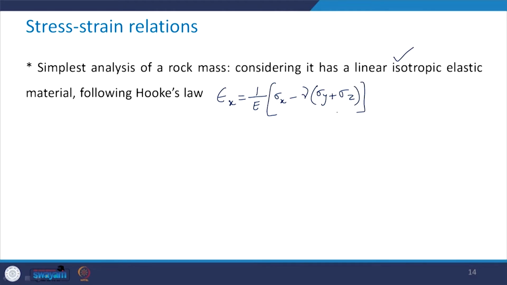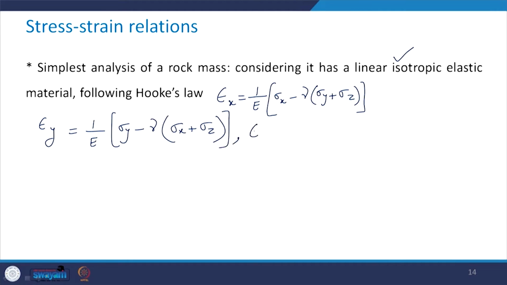Then the next component is epsilon y, that is equal to 1 upon E, you have sigma y minus nu times sigma x plus sigma z. Then epsilon z is 1 upon E sigma z minus nu times sigma x plus sigma y.